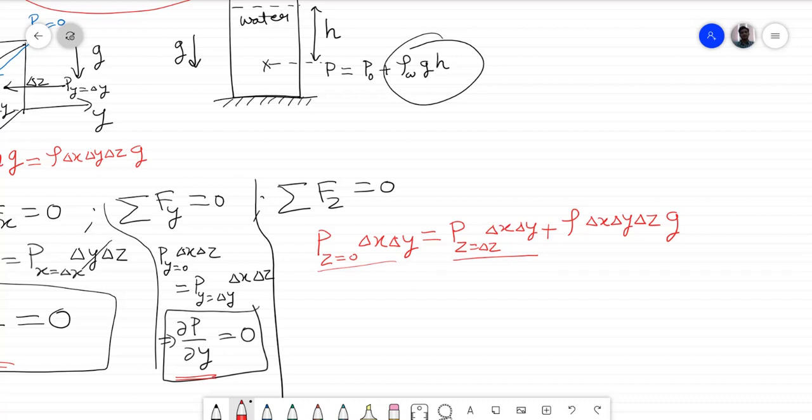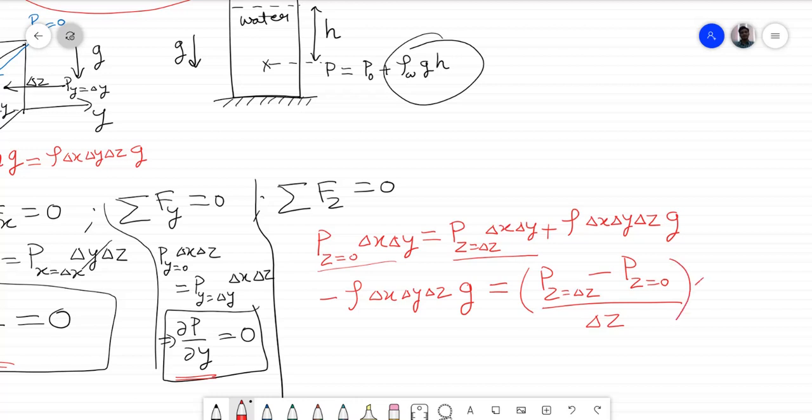So what we get here is minus rho times delta x, delta y, delta z, g is equal to P at z equal to delta z minus P at z equal to 0, divided by delta z, and this is multiplied with delta x, delta y, delta z.